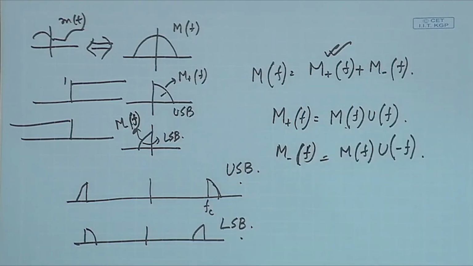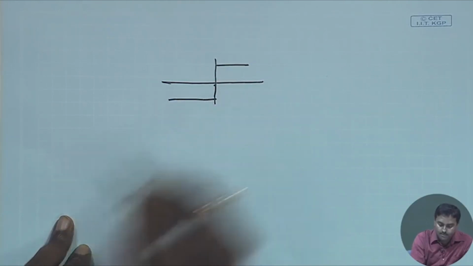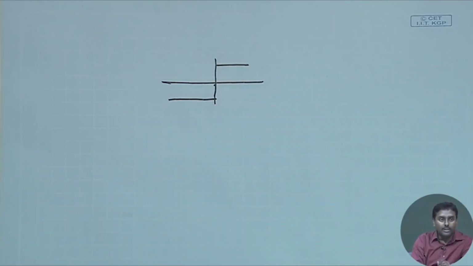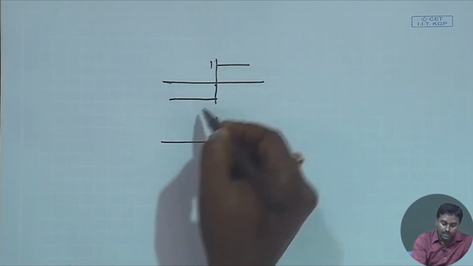Now, this UF, the good part is, can be represented with respect to the signum function, okay, because the signum function is nothing but this thing, okay. If I add 1 to it, then what will happen? This is 1, this is minus 1.